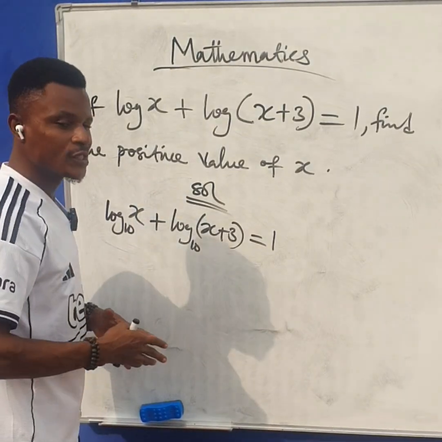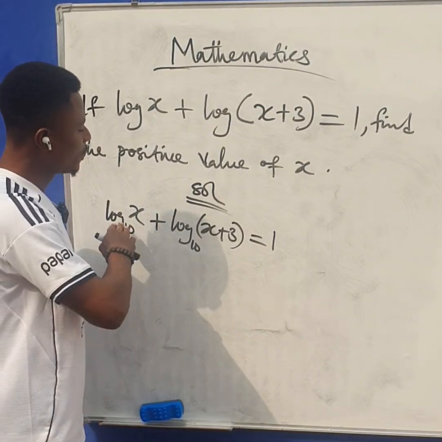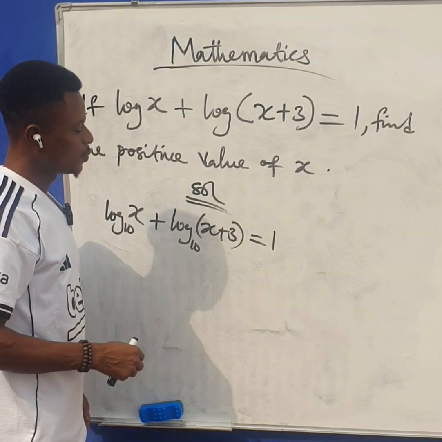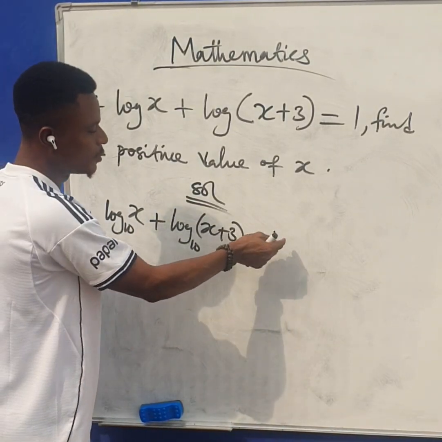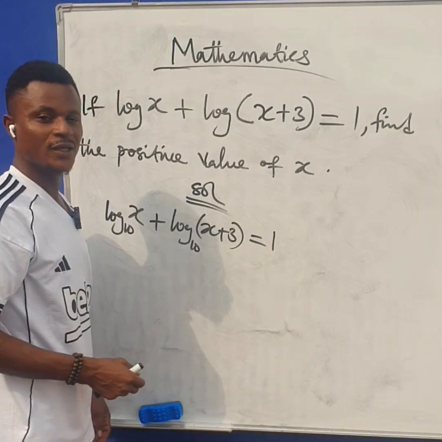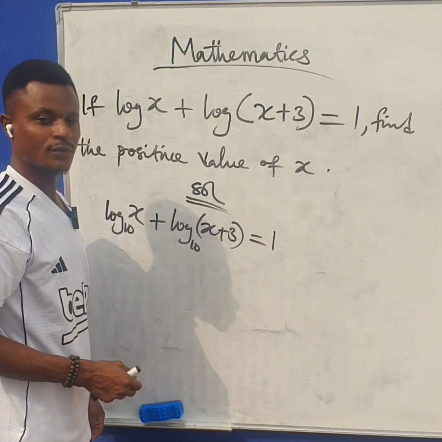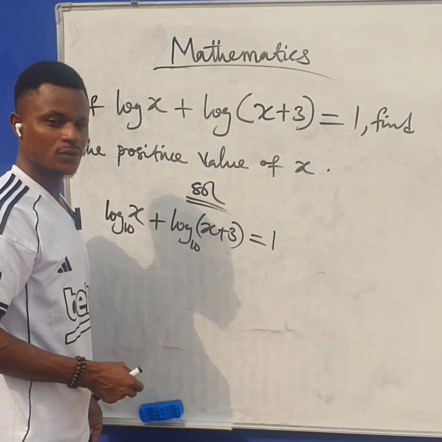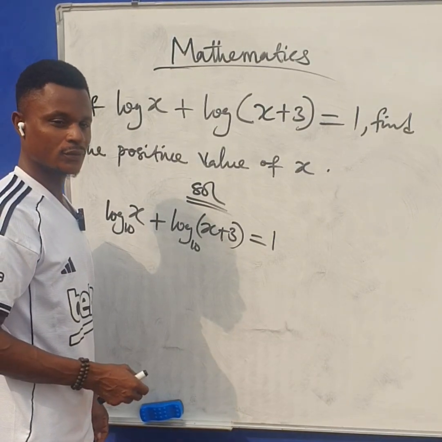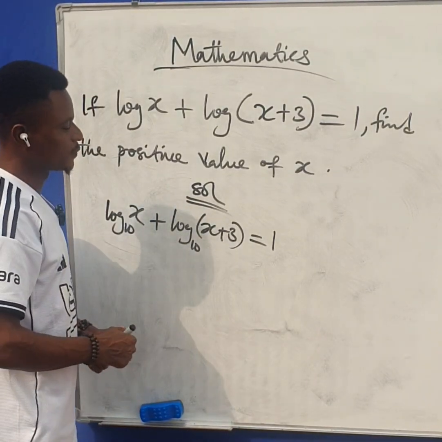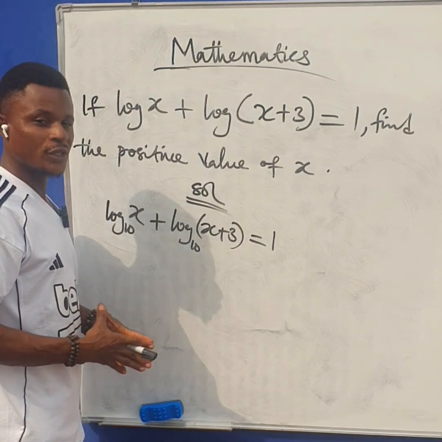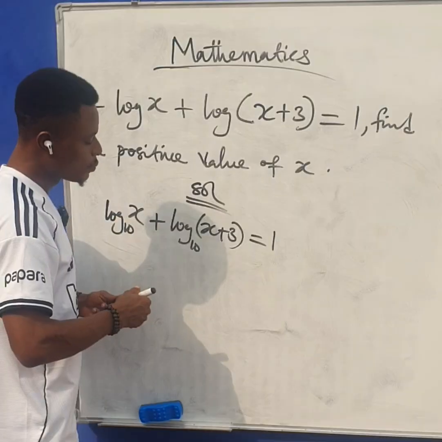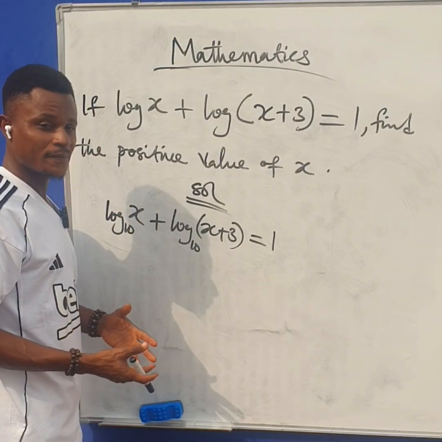Now, the next thing we are going to do is that because the left-hand side is in logarithm form throughout, we are going to make the right-hand side also be in the form of logarithm. How is that possible? There is a particular law of logarithm that talks about a situation whereby the number and the base of a logarithm are the same.